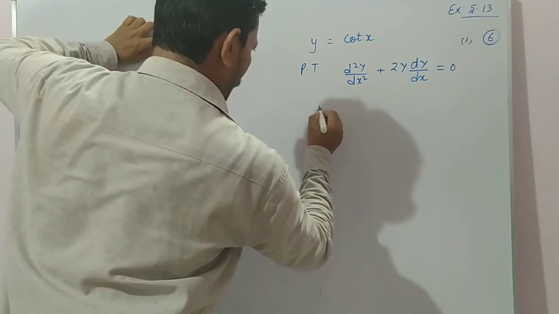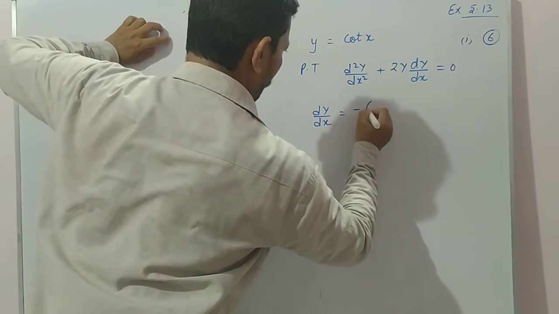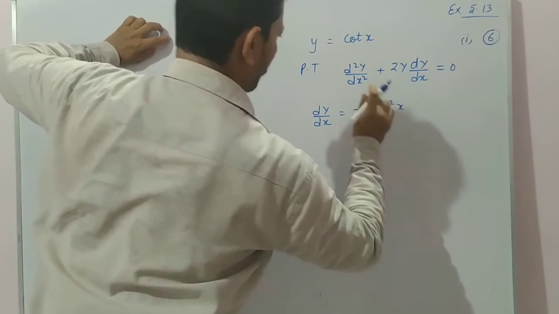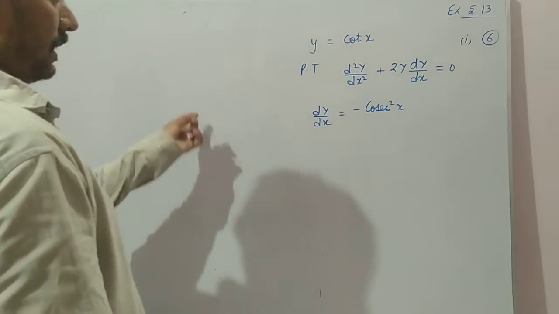Okay, so first differential, dy by dx equal to minus cosec square x. Again we require second derivative.